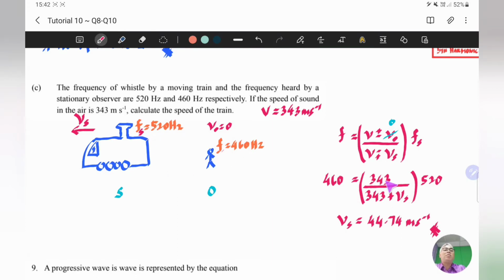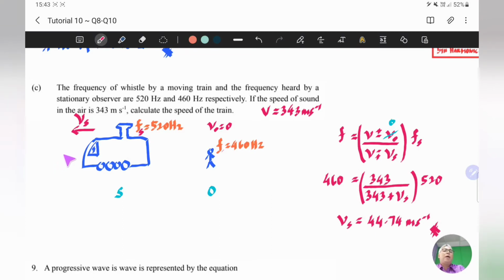So this is the frequency received by the observer, this is the frequency of the source, this is the speed of the sound wave given already, and this is the speed of the train. They ask you to find the speed of the train. We just substitute all the values, then we can calculate the speed of the train, which is 44.74 meters per second, moving away.